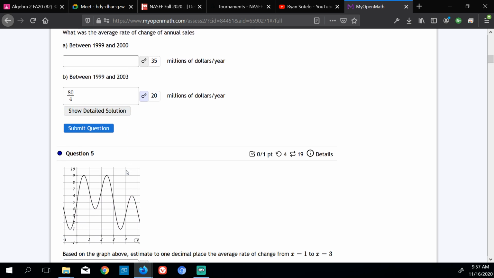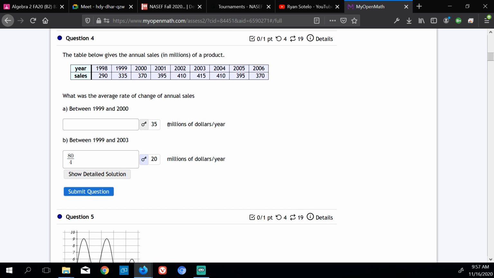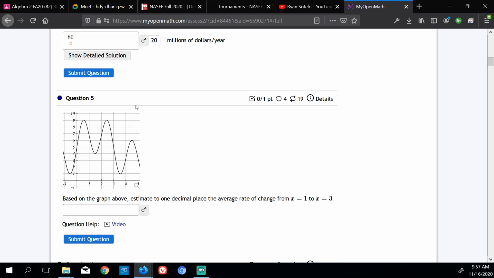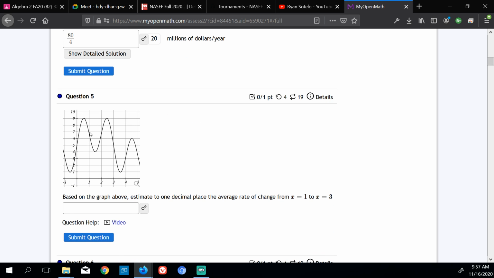Now, this works the same way, but they're giving you a graph instead of a table. So just like before where we took the difference in the year, it was dividing the difference in the sales. Here we're going to take the difference in the y points. They're saying from x equals 1, there's that point, to x equals 3, which is that point.